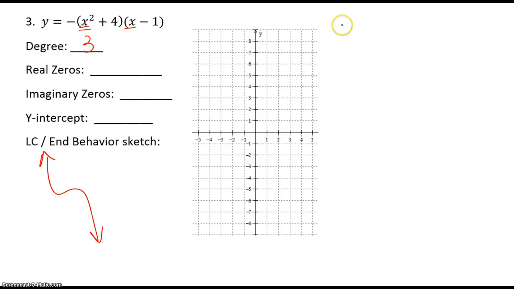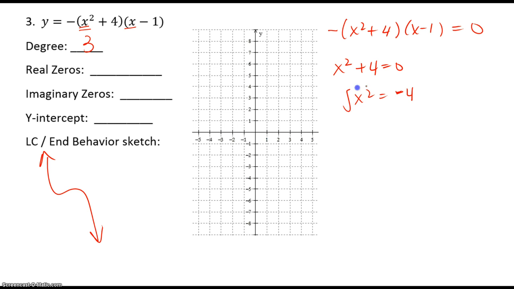So when I take negative x squared plus 4 and x minus 1 and set it equal to 0. Well, this one I need to do x squared plus 4 equals 0. Subtract 4 from both sides. Square root it, and I get x equals plus or minus 2i.